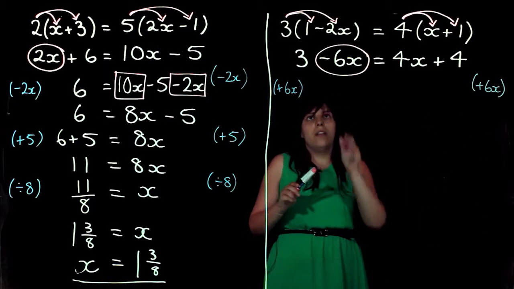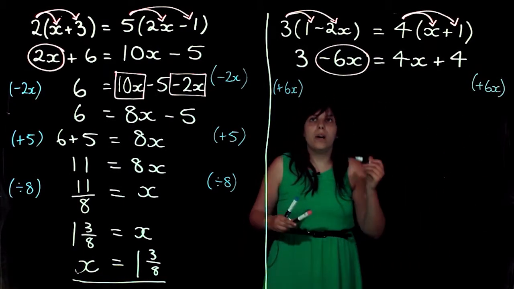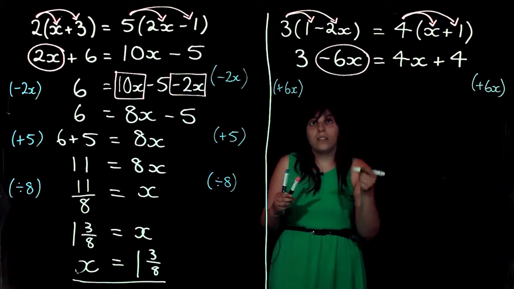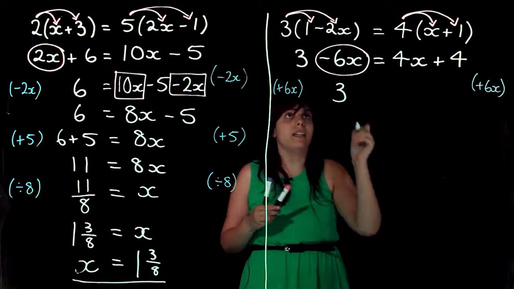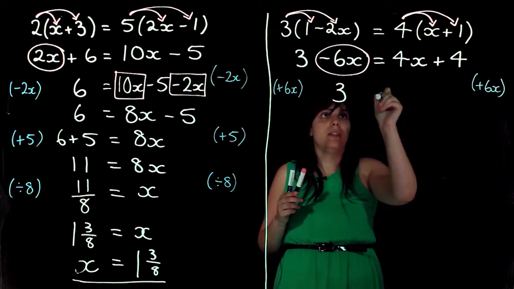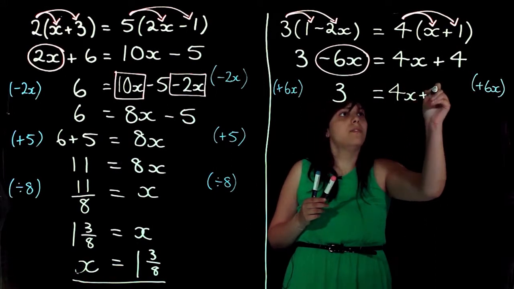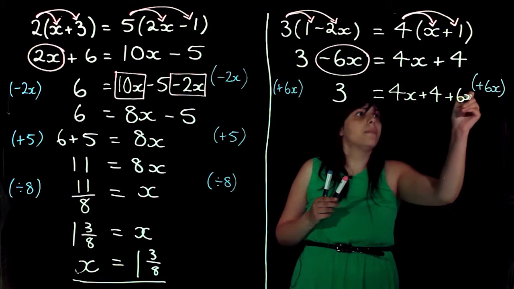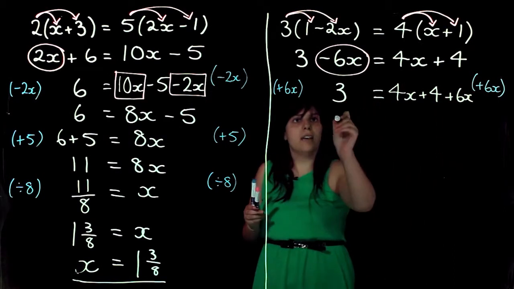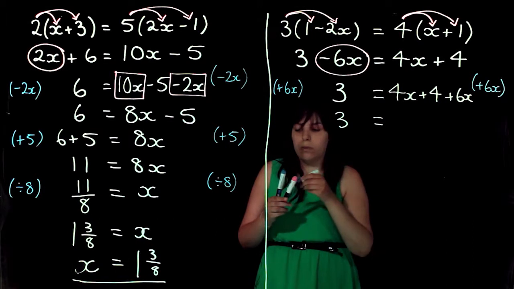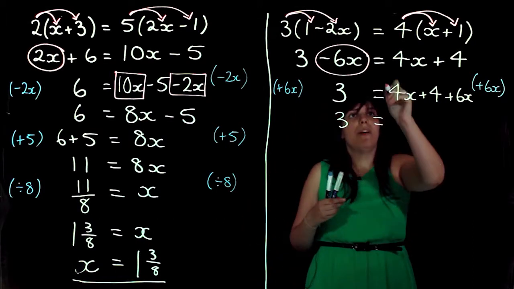So on this side, I've got 3 minus 6x plus 6x, so that's just going to be 3. Because plus 6x minus 6x equals 0, which is what I wanted. And then on this side, I've got 4x plus 4 plus 6x. So that gives me 3, which equals, and then I need to do some simplifying.